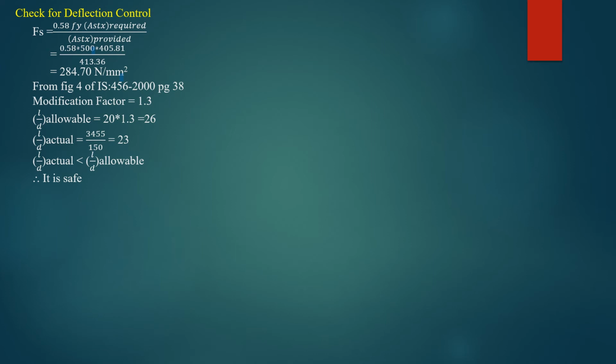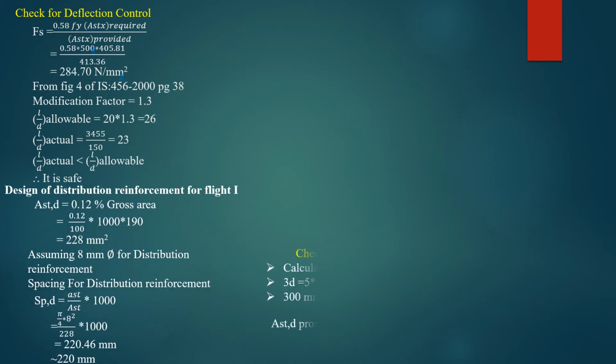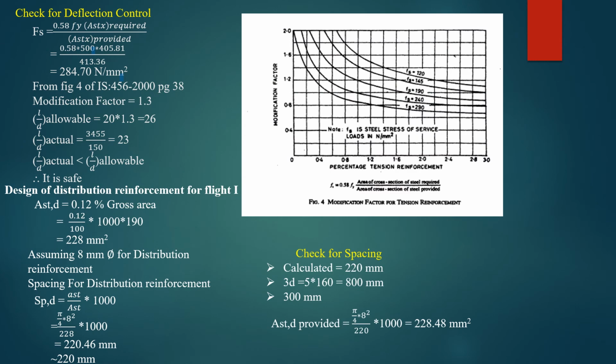Let us go to IS 456 2000 page number 38 figure number 4. I already pasted it here. You can see in the IS 456 the picture, this graph. On the x-axis it is given as the PT percentage, and on the y-axis it is given as the modification factor, and the Fs value is given. We already know the Fs value for our numerical.